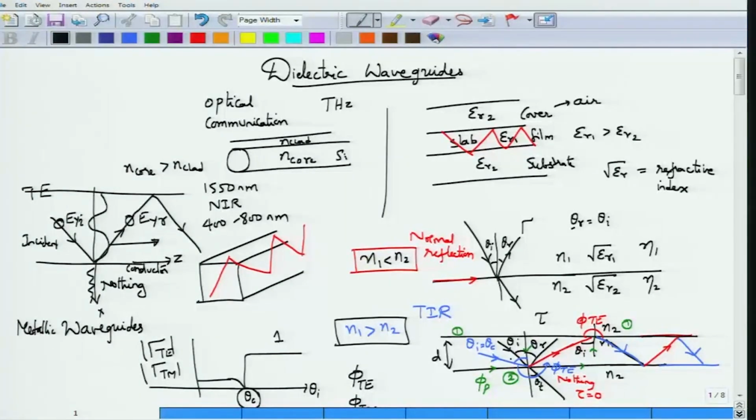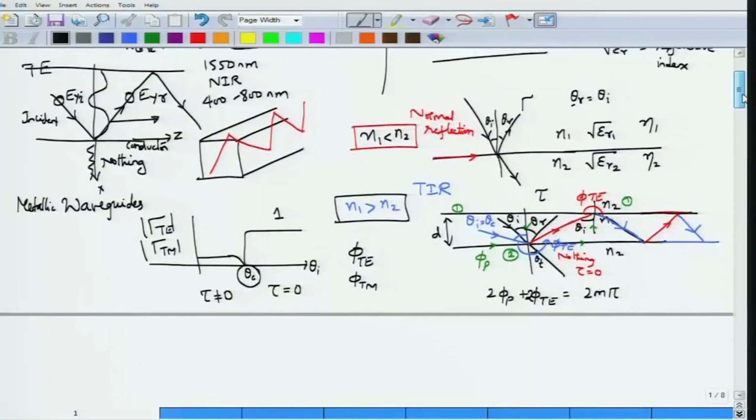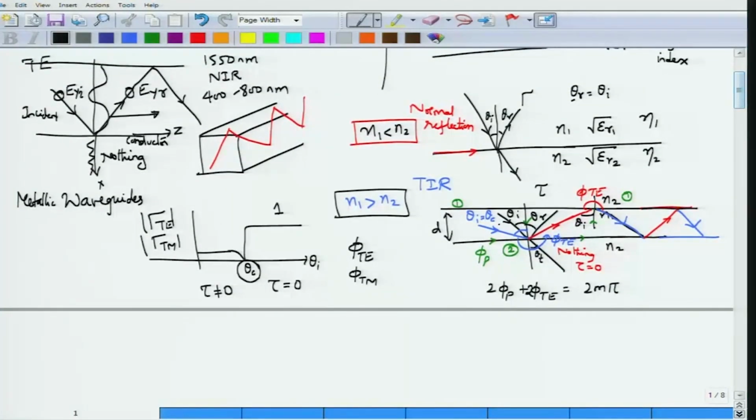The phenomenon by which a metallic waveguide operates is completely different, because there is no specification of the critical angle there. Whereas for dielectric waveguides, your angle of incidence from the film or from the core of the fiber must exceed the critical angle. Okay.